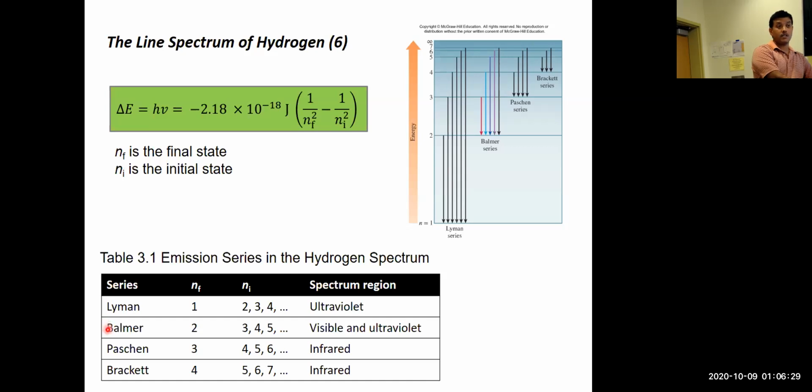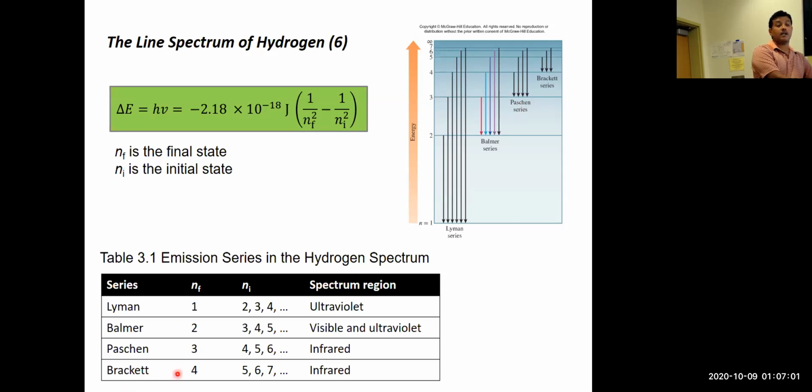The Balmer series, named after Balmer, was identified when electrons come back to shell 2; some fell in the visible spectrum range and some in the ultraviolet range. And Paschen also identified signals where the final state is 3 and electrons come from 4, 5, 6, and they have wavelengths in the infrared electromagnetic spectrum range.